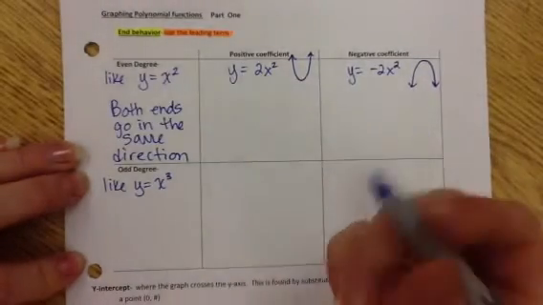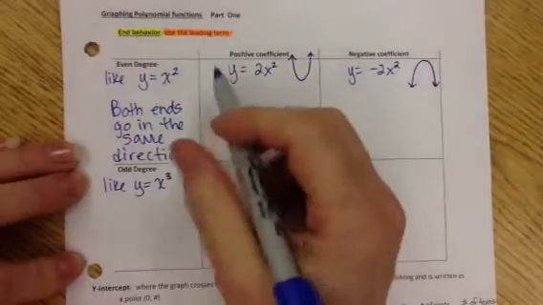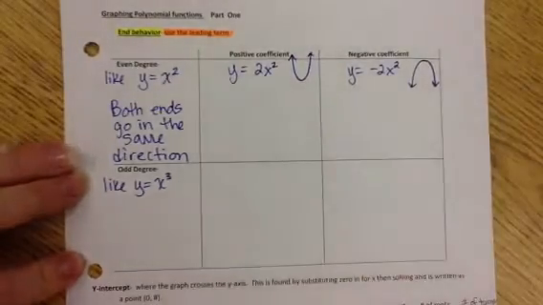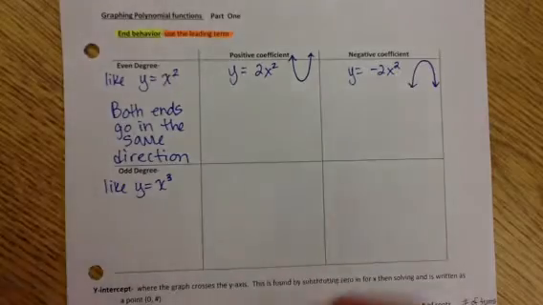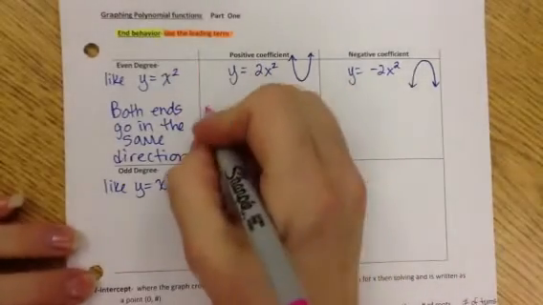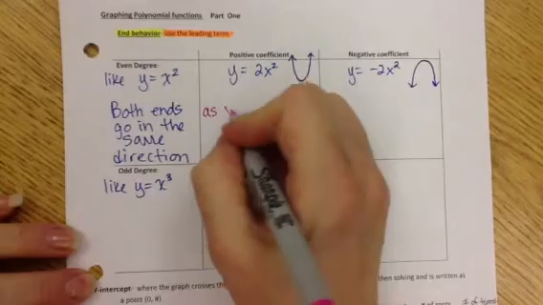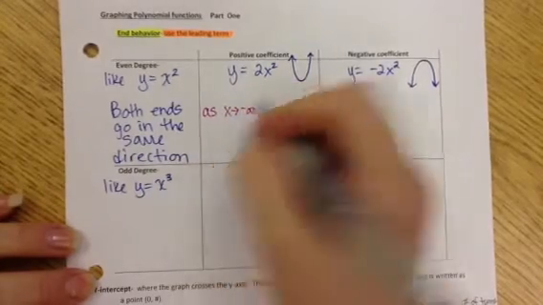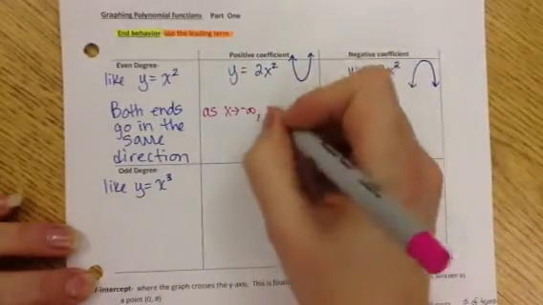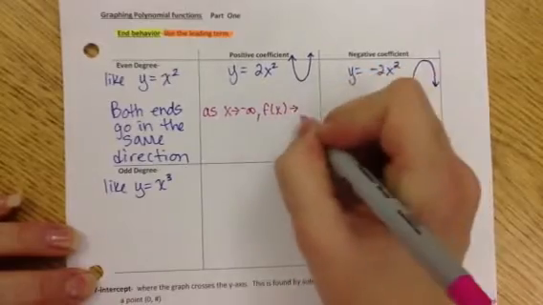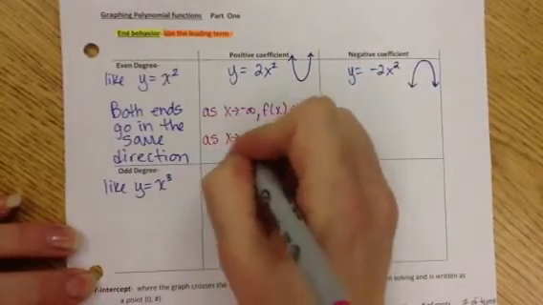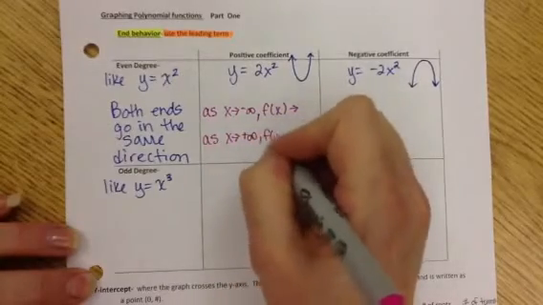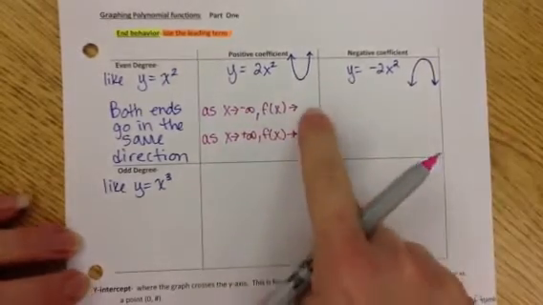And we're going to use some mathematical lingo to describe the end behavior. So when I ask you about the end behavior of graphs, this is what I'm asking you for. I'm going to ask you to write: as x approaches negative infinity, f of x approaches, and we'll fill in this blank in a second, and as x approaches positive infinity, f of x approaches, and we'll fill in this blank.